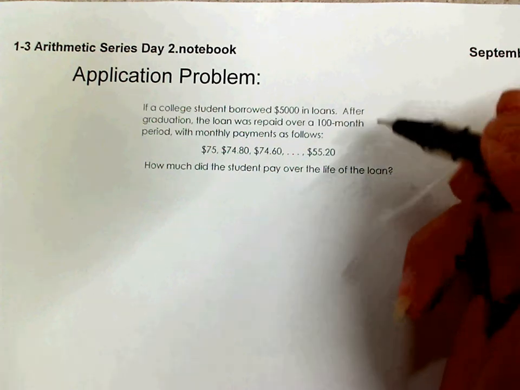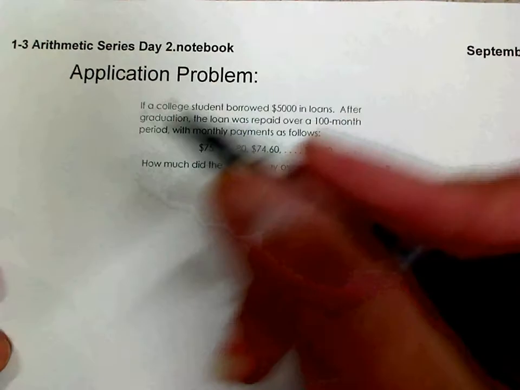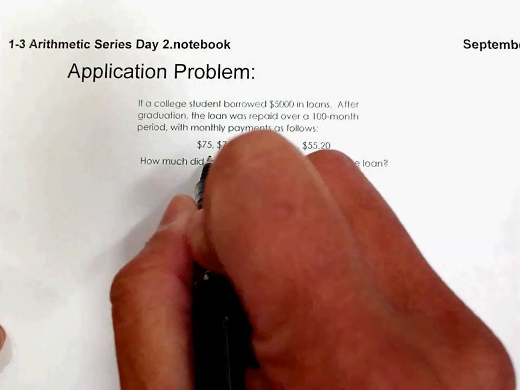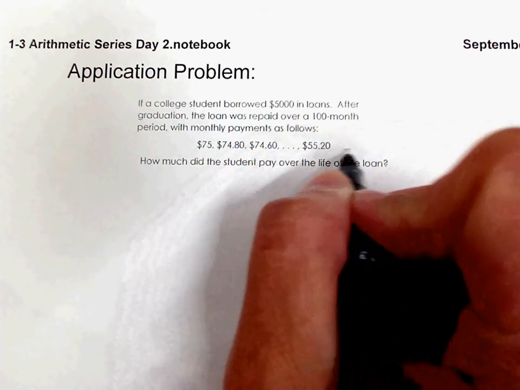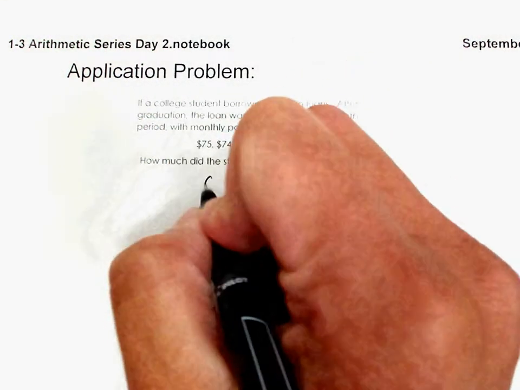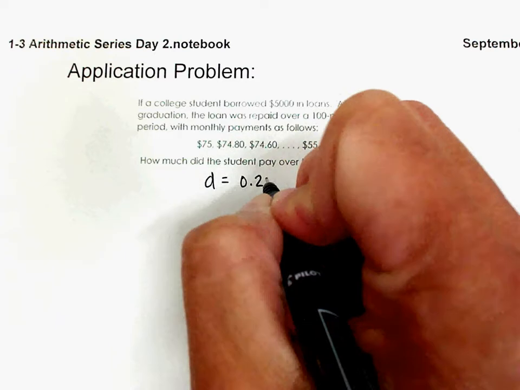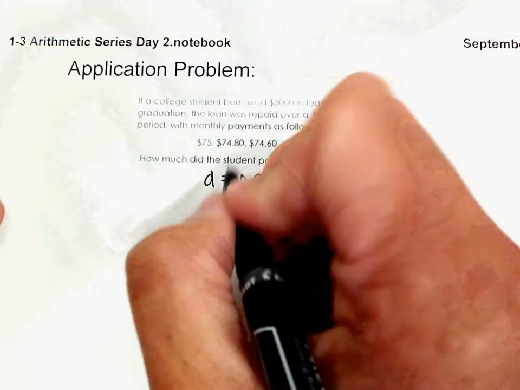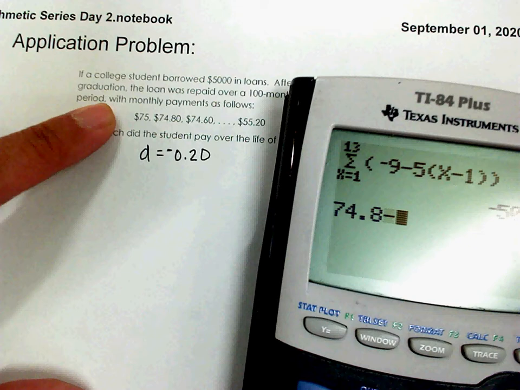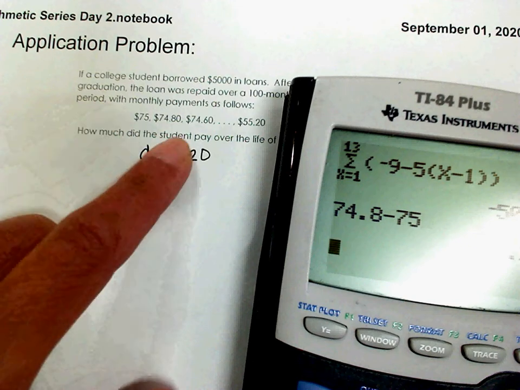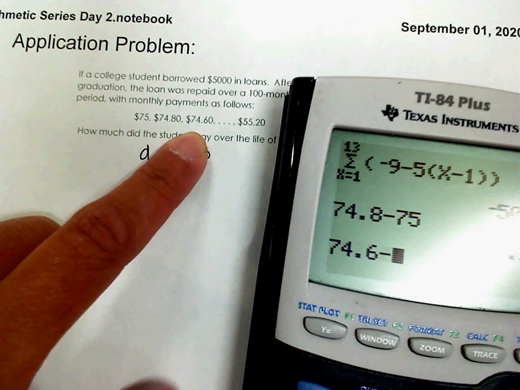Well, let's take a look. He starts off at $75, and then $74.80, $74.60, and keeps going, okay? So your D is 0.2, or if you did it the other way, negative 0.2. If you didn't know that, you go 75 minus 74.8, 74.8 minus 74.6. See how they're all the same?